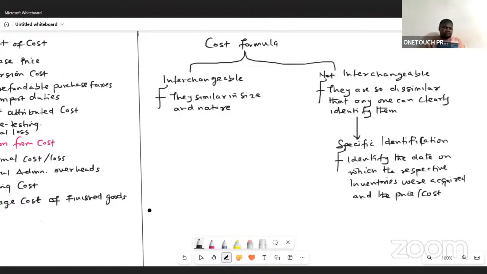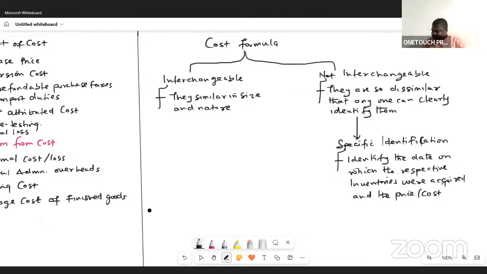So this is a book, this is a phone. These two are not interchangeable, which means that I can specifically identify when you bought this book and the price. So that if I issue this book, I know the cost. If I'm issuing this phone, I know the cost. Because these are two different items that I will know.